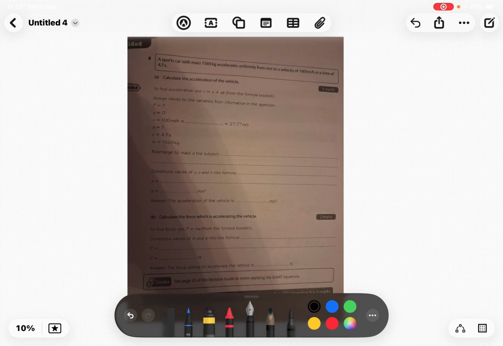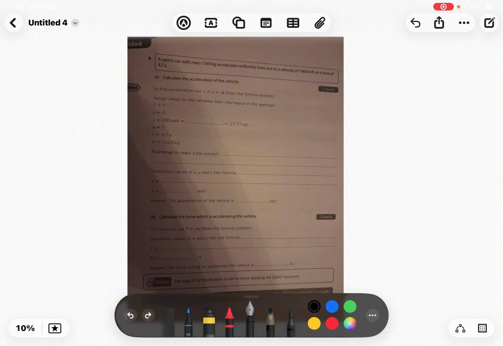So first of all, we have to convert the kilometers per hour into meters per second, because for the formula, we're looking for acceleration.